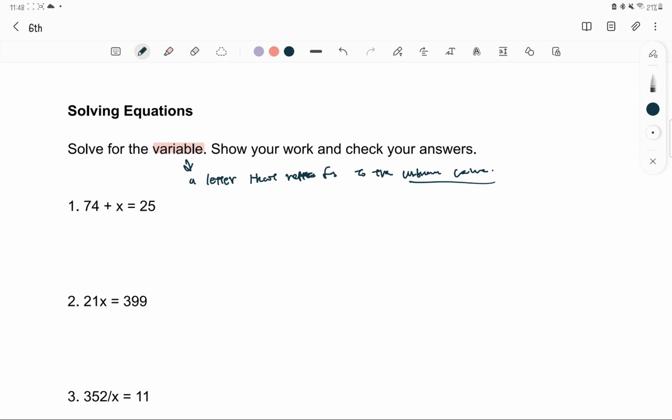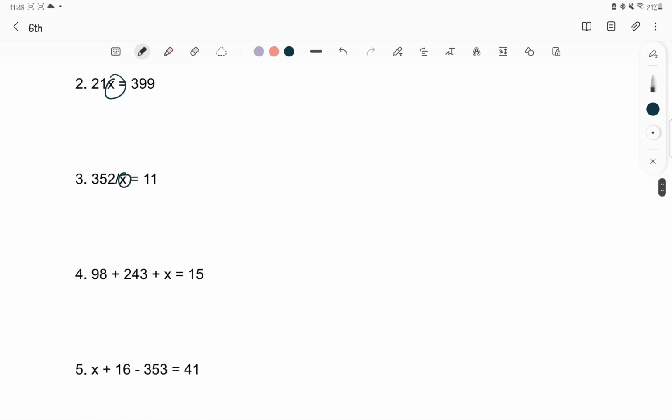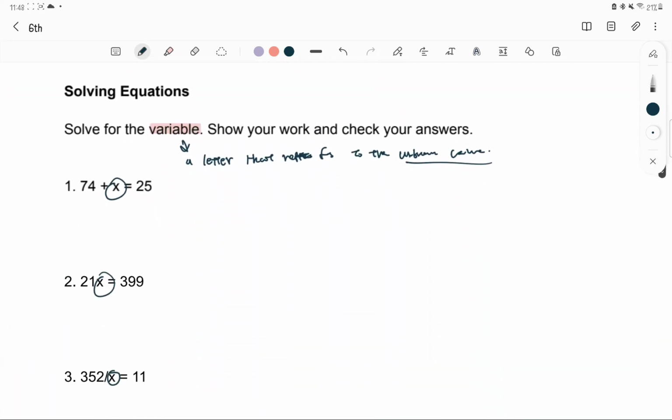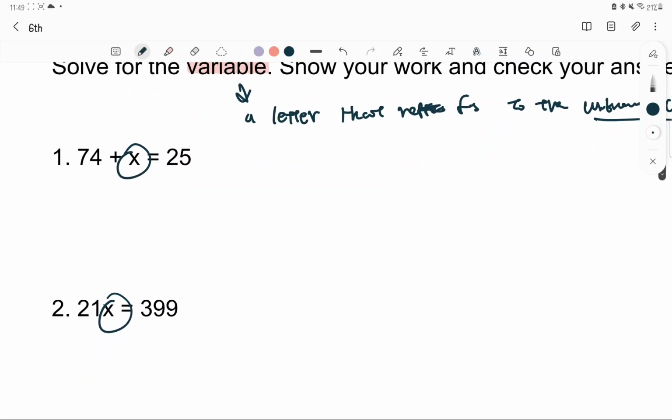In this case, it's x, and for number 2, it's x, number 3, it's x, but usually it's x or y, it can be z, it can be a, it can be b.